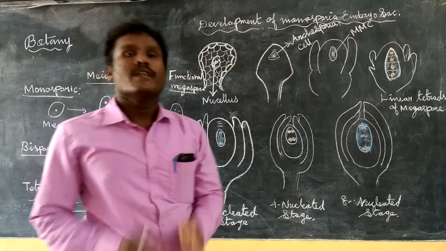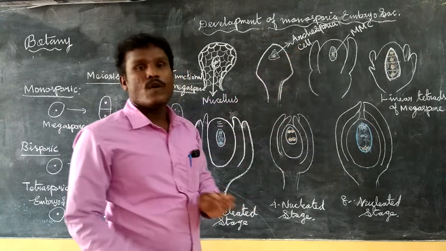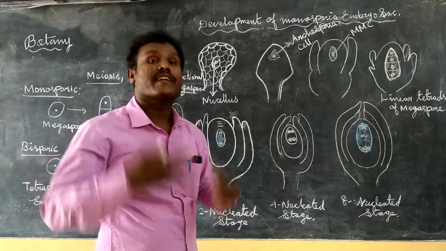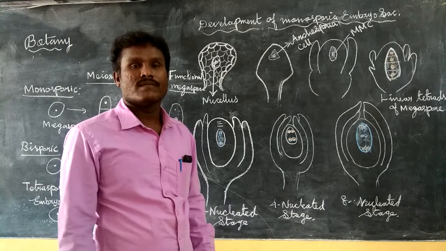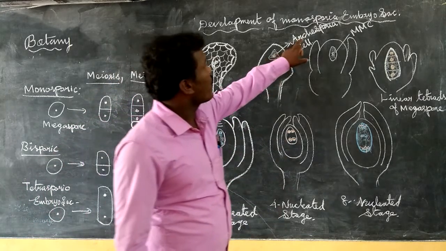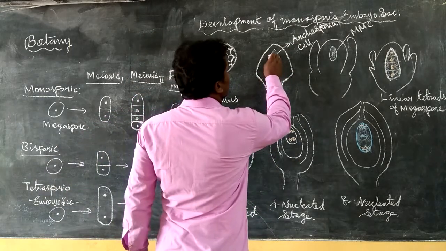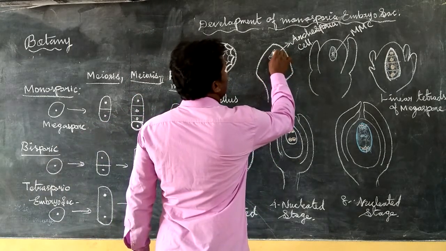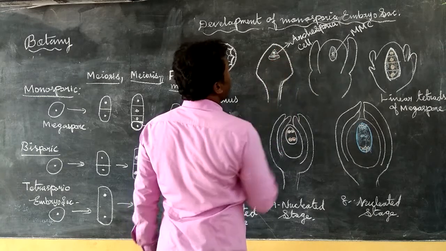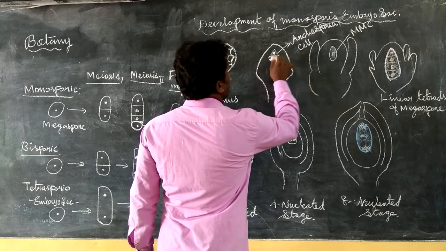In some plants, this archesporial cell directly acts as the megaspore mother cell. Whereas in some other plants, the archesporial cell undergoes transverse division into an outer parietal cell and an inner sporogenous cell.